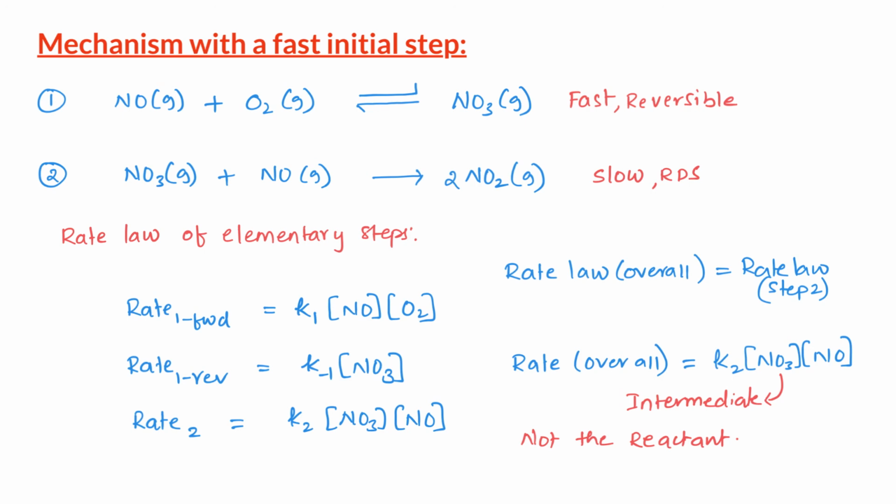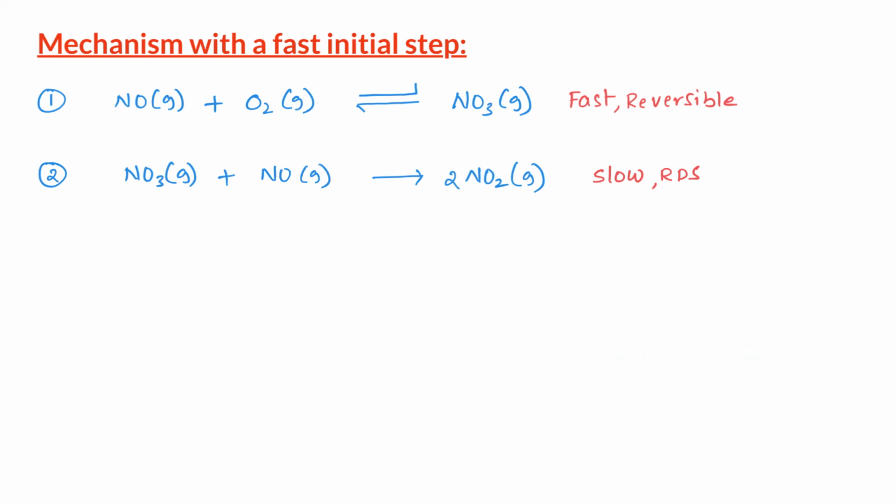Therefore, we need to replace this term with a reactant concentration. What we are going to do is use the rate laws of the first step and calculate the concentration of NO3 from them. And then we substitute the concentration of NO3 in the above equation. Let us look at step 1.